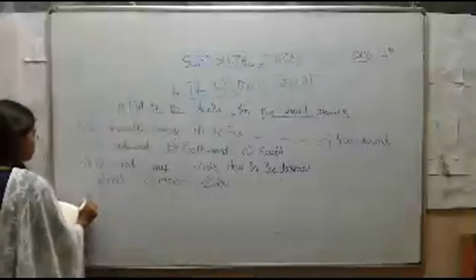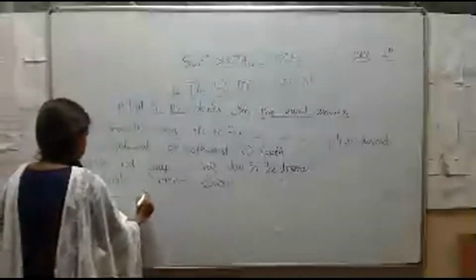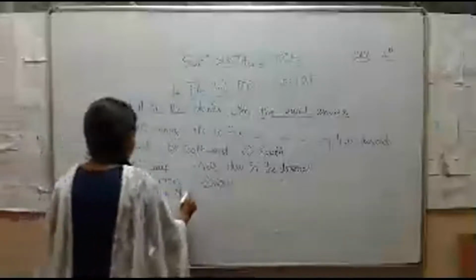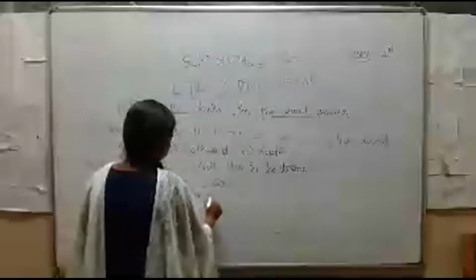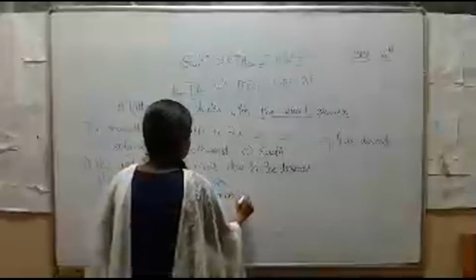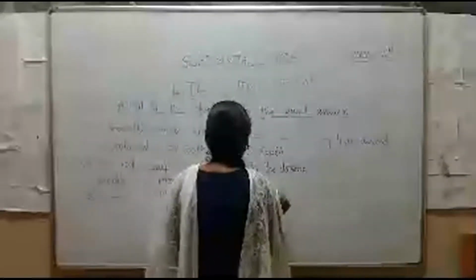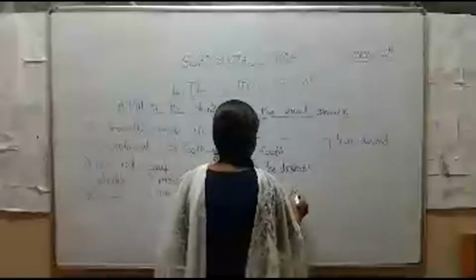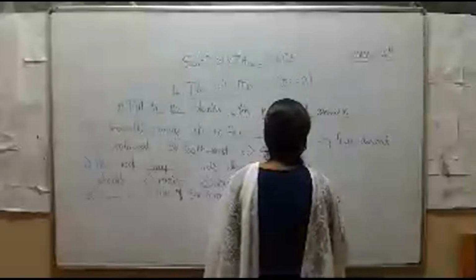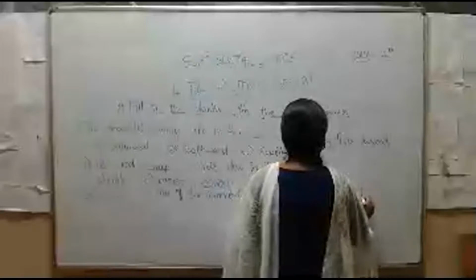Then the third one: dash is one of the commonly found plants in the desert region.